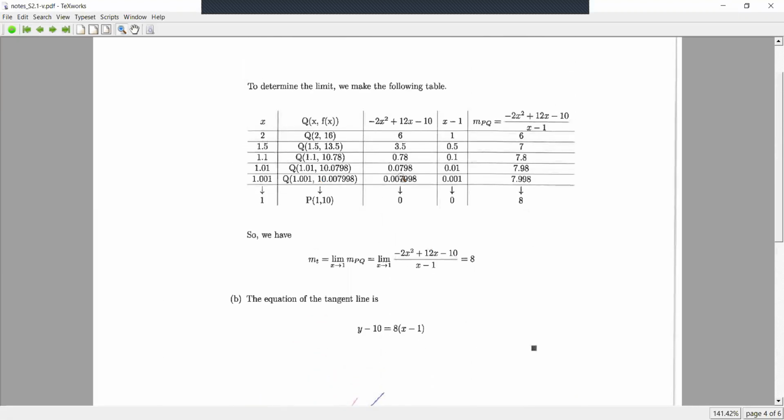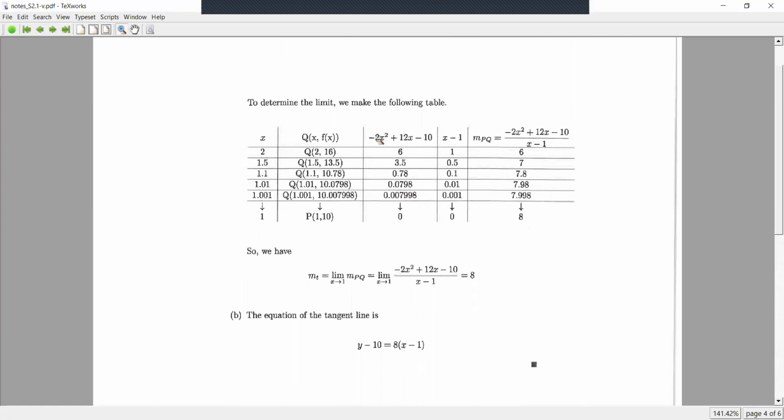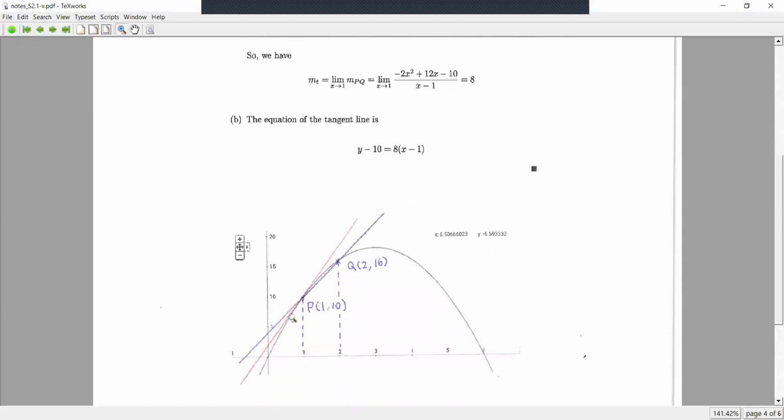When x is 2, the numerator is 6. Denominator is 1. So the quotient is 6 over 1, 6. 6 is the slope of the line PQ when x is 2. This blue line, the slope is 6.